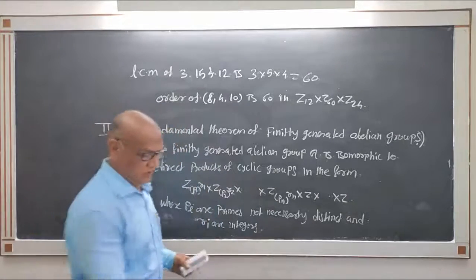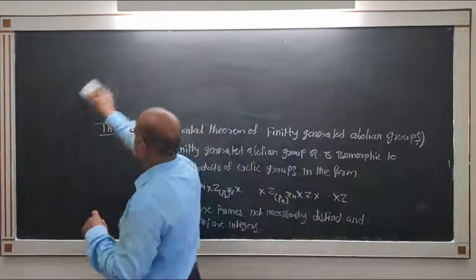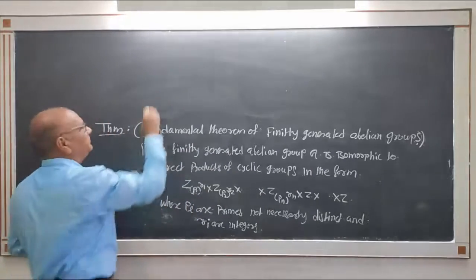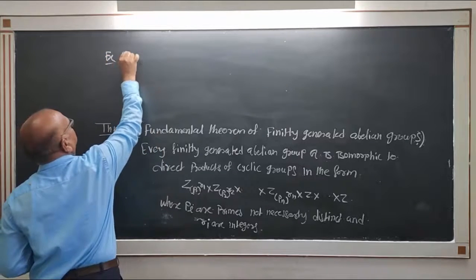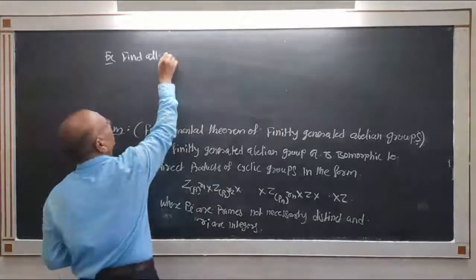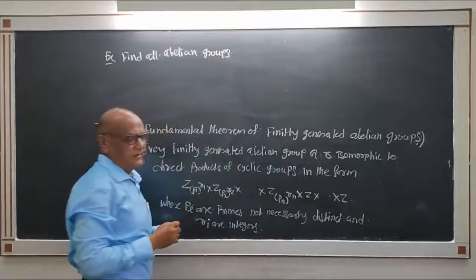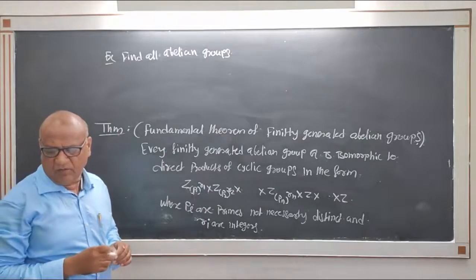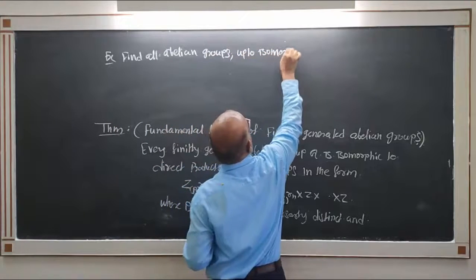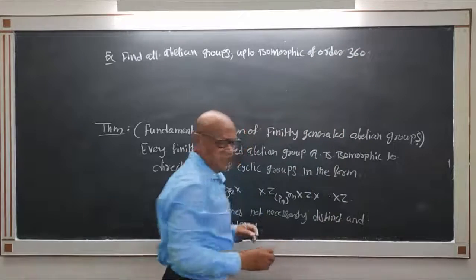Now, using this theorem, an example: find all abelian groups up to isomorphism of order 360.